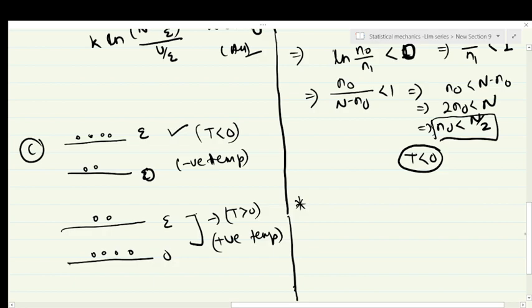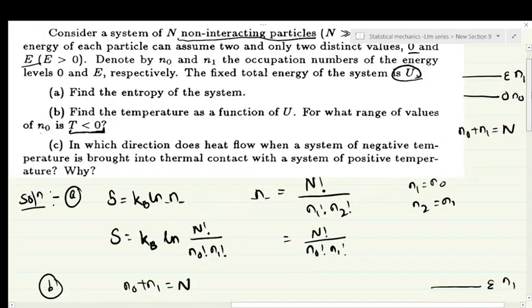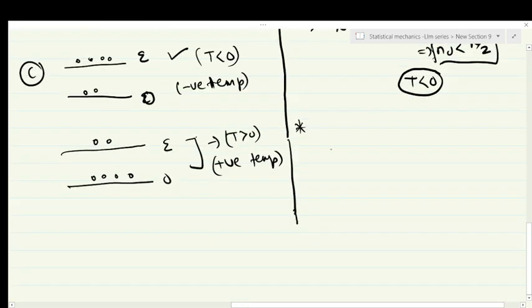As the question says, both systems are kept in contact. Suppose this system is at negative temperature and this one is at positive temperature, kept in contact. In which direction does the heat energy flow?